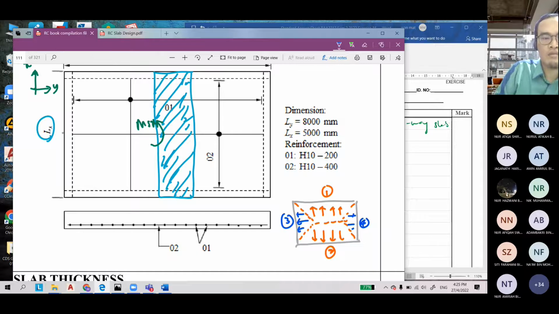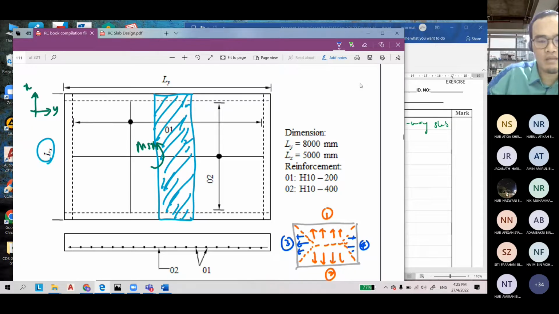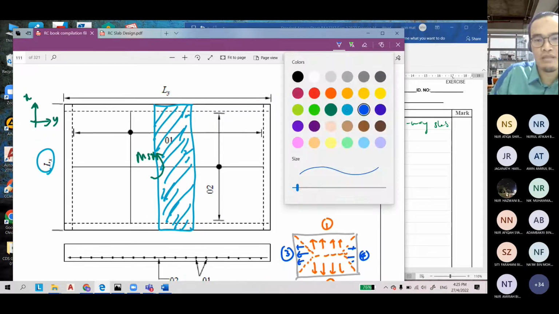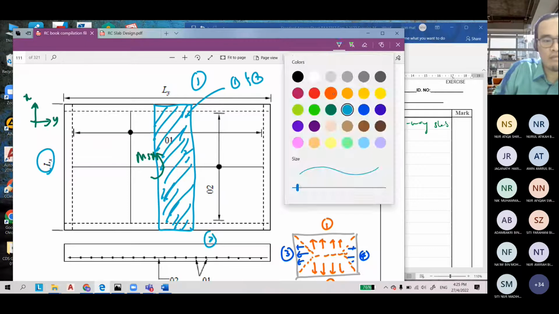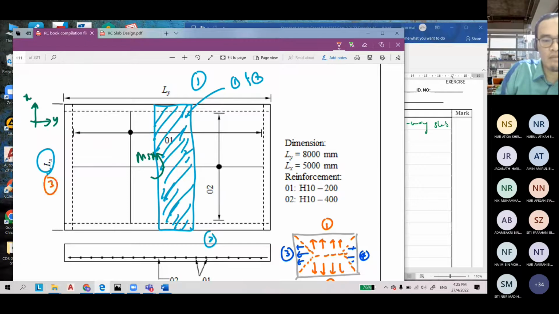Let's say this color is number 1 and number 2. To transfer the slab load to number 1 and number 2, and then to transfer the load to beam number 3 and beam number 4, we need this slab.